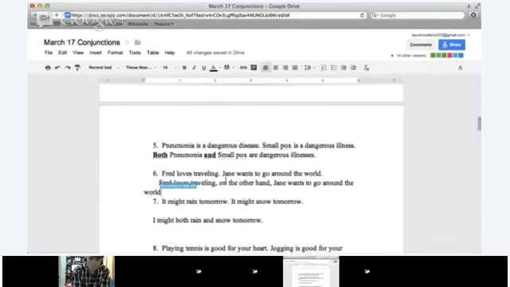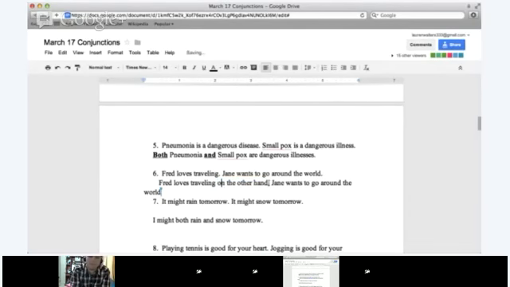So Fred loves traveling. On the other hand, Jane wants to go around the world. Oh, interesting. So you put in your own little conjunction there. Unfortunately, it kind of doesn't work there because you would have to start this off as a new sentence. The more correct one, if you wanted to make it conjunction, really linking the two, would be Fred loves traveling.